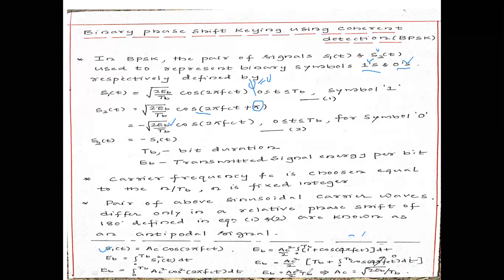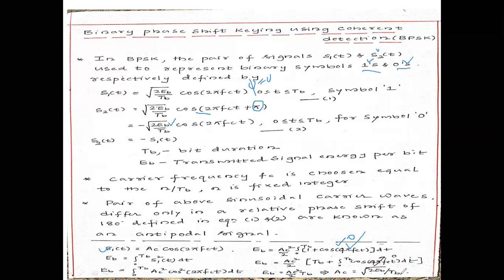Now let us express the same equation in terms of Ac. I will take the 2 to this side, so it becomes 2Eb, then I will shift Tb to this side, so this becomes 2Eb divided by Tb. Then taking the square root on both sides, you will get the expression for Ac in terms of the bit energy as well as the bit duration Tb.